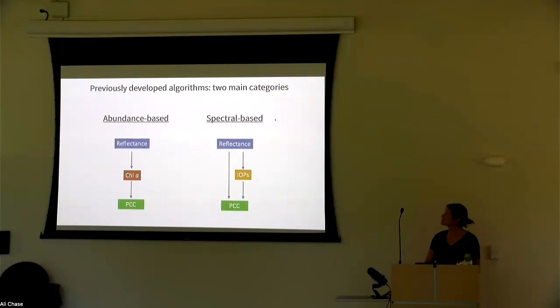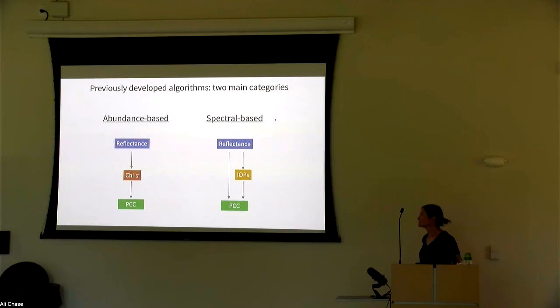And most previously published methods fall into two main categories, so abundance-based and spectral-based, where abundance-based is estimating PCC via relationships between the phytoplankton communities and chlorophyll, and then chlorophyll is in turn estimated from reflectance.